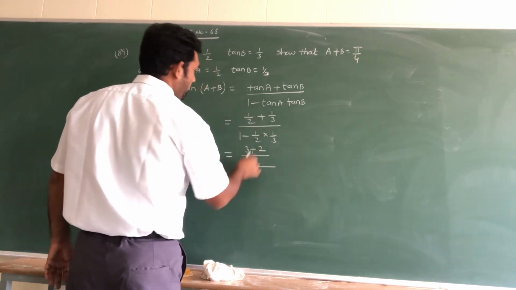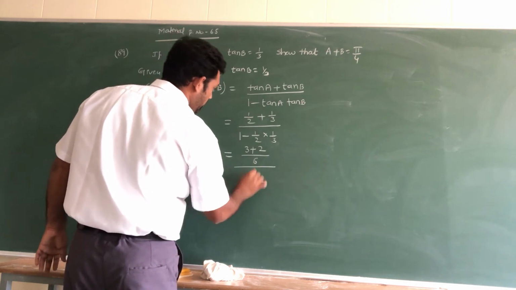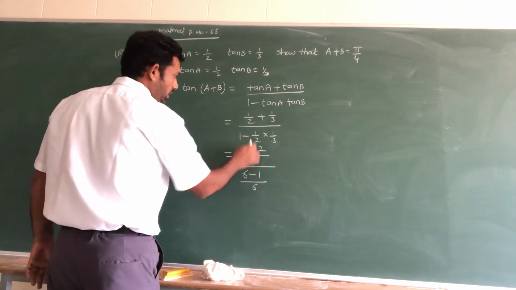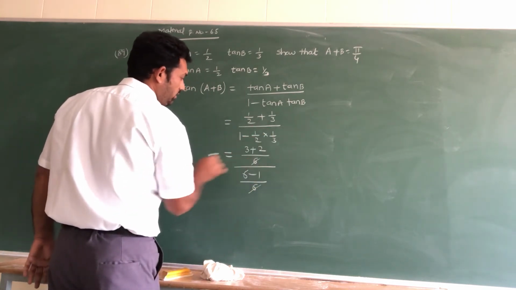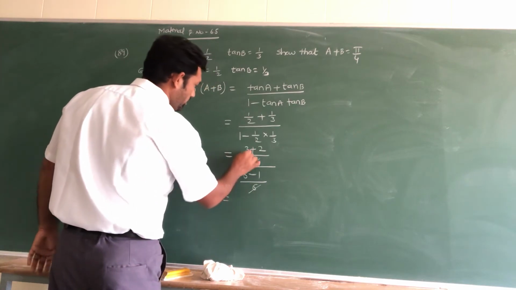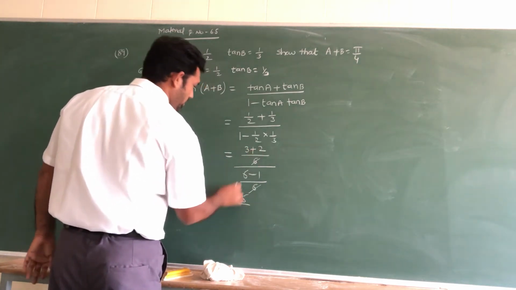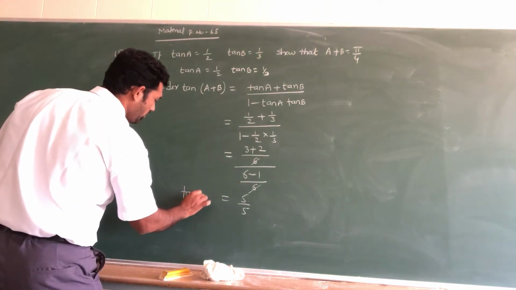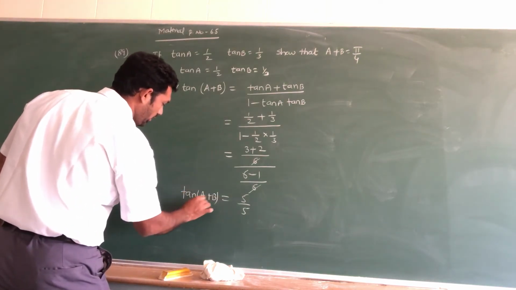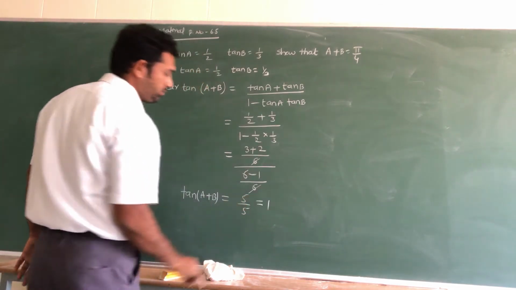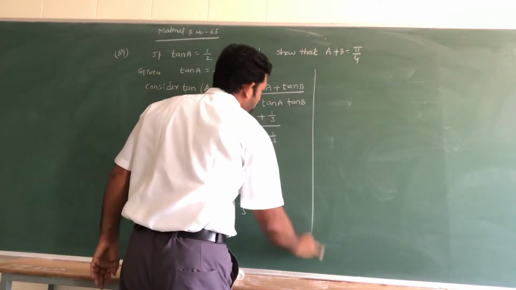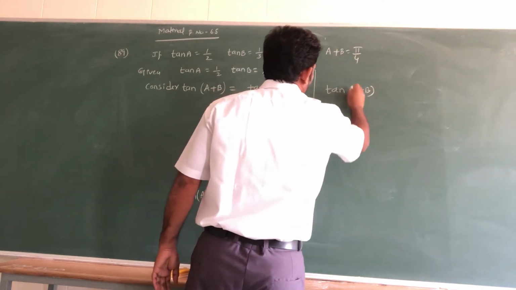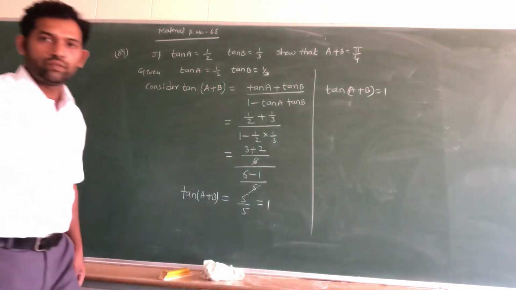Whole divided by 6 minus 1, with LCM 6. The 6s cancel. Remaining 3 plus 2, 5, divided by 6 minus 1, 5. So tan A plus B equal to 5 by 5, that is 1. Finally we are getting tan A plus B equal to 1.